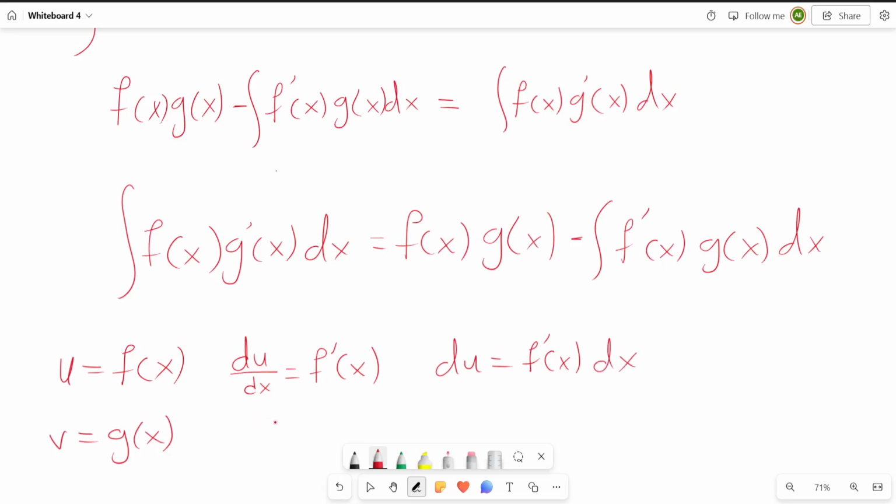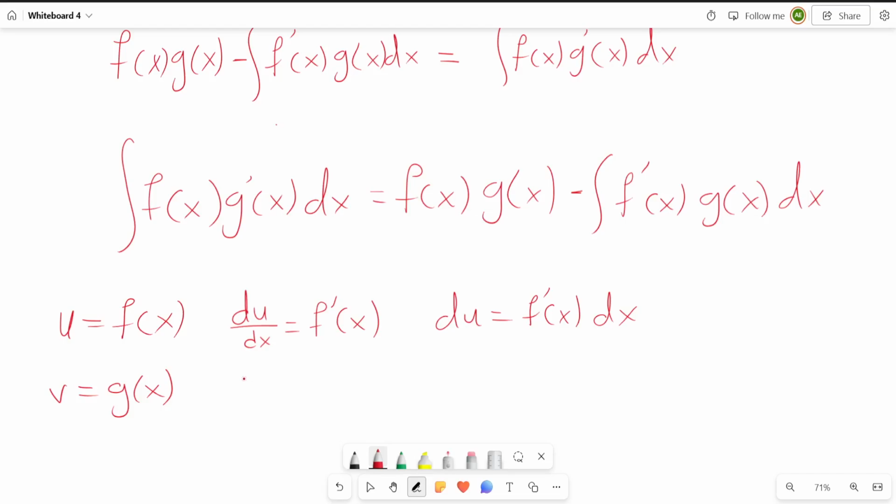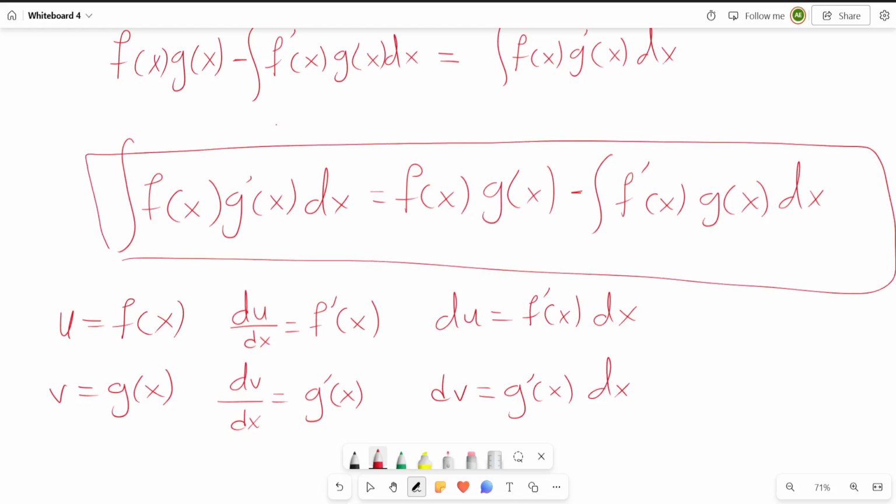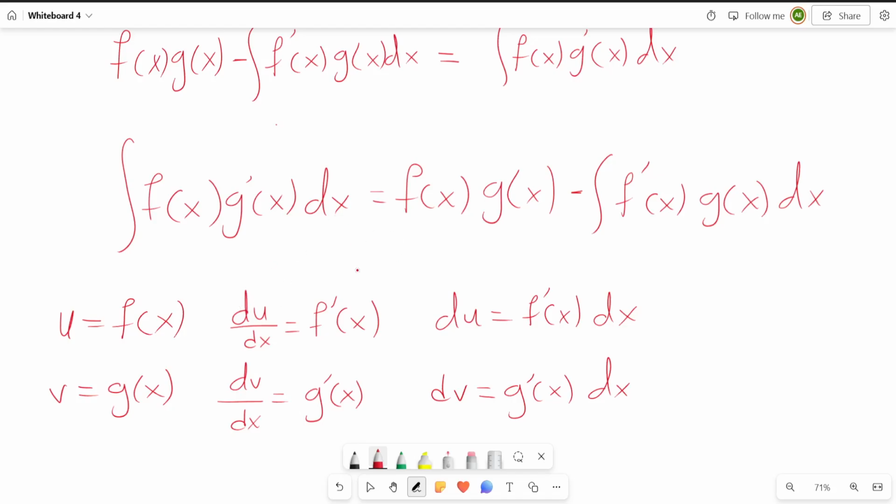And I will do the same for the v. So dv by dx is nothing but differentiation of g of x, which is g dash of x, and dv is going to equal g dash of x times dx. And right now I would want to rewrite this whole equation that I have in terms of u's and v's.